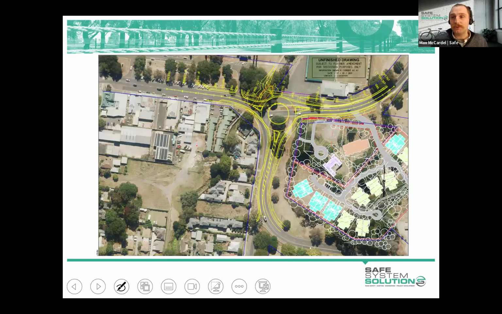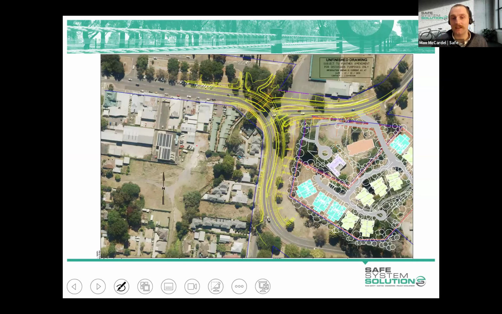The design option 2, as it was referred to, was to create a roundabout. The design option 3A was to create a signalized intersection, but to make it a modified T. As I said, I've explained what the modified T was. It's basically the priority is this leg, and then this one kind of stops there.